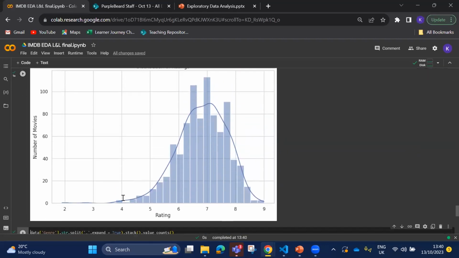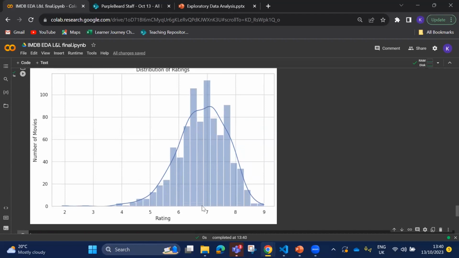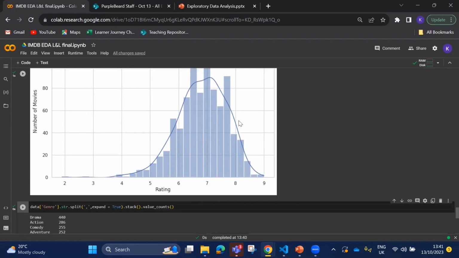All right, so this is the kind of plot that I see. I can see the highest rating count was for 7. So 7 as a rating was given in the maximum number of movies, more than 100, as you can see on this visual. And it is slightly skewed to the right-hand side as well.